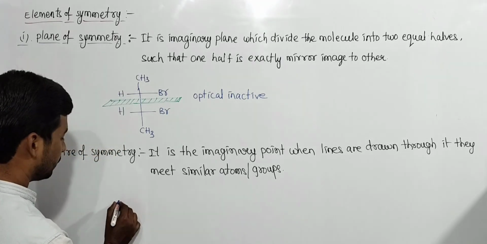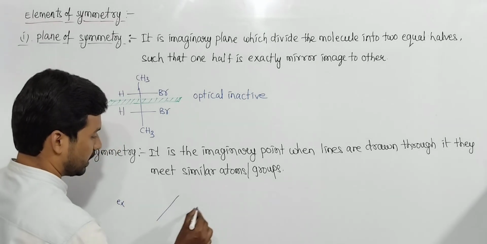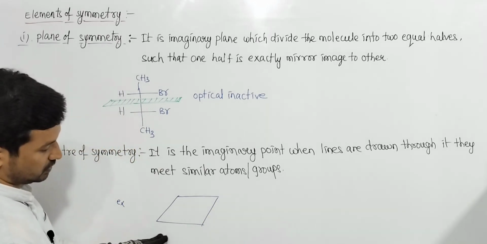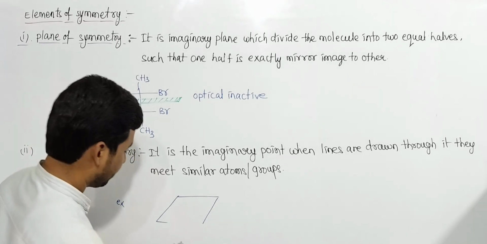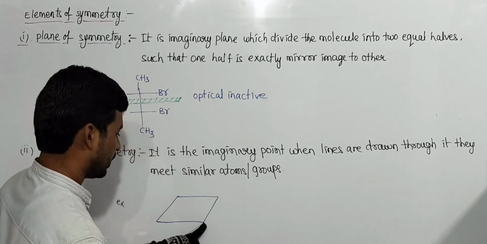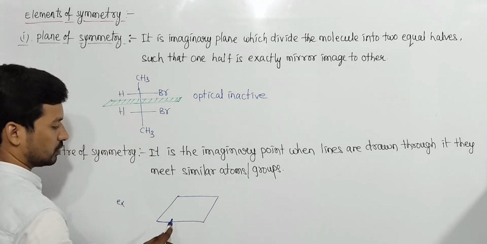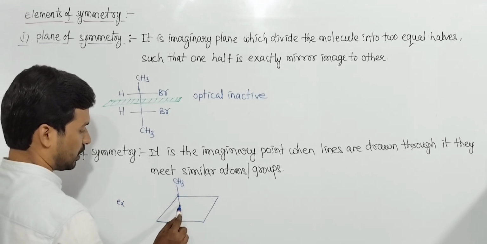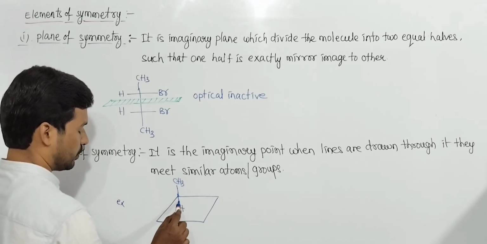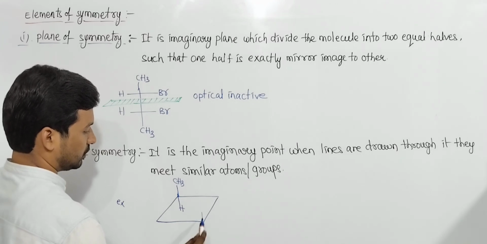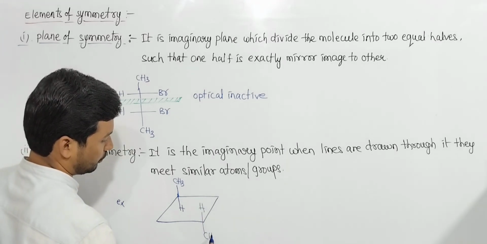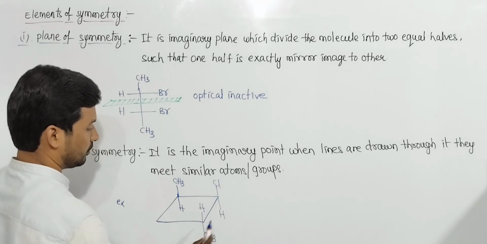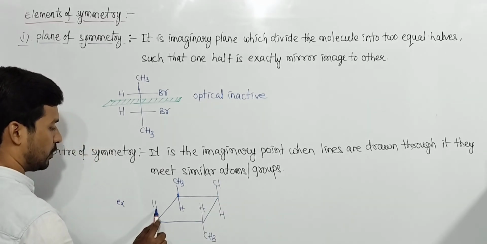For example, I am taking cyclobutane. This is a cyclobutane molecule. Here I am taking a methyl group and hydrogen, a methyl group and hydrogen here. Here hydrogen and methyl group. Here chlorine and hydrogen. Here hydrogen and chlorine.